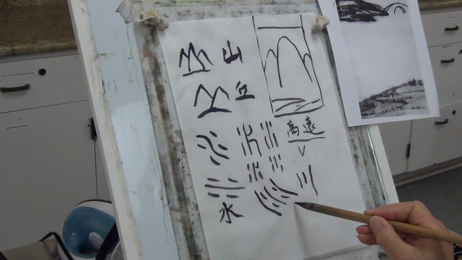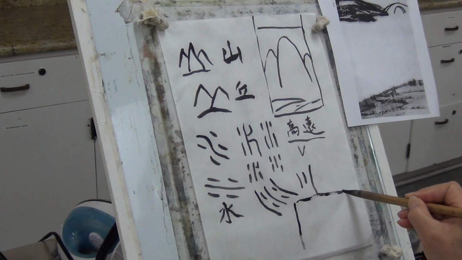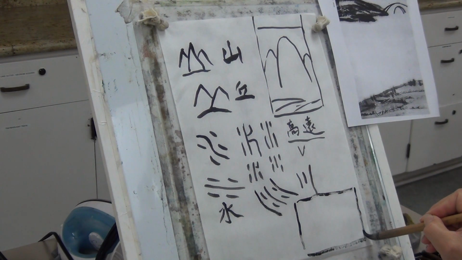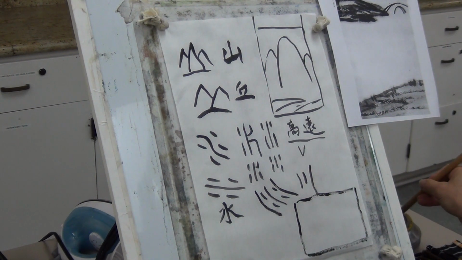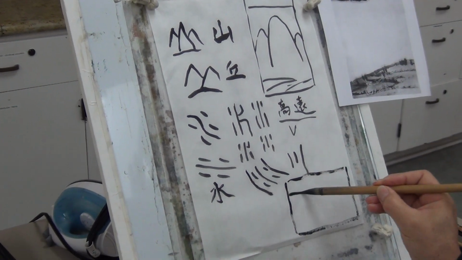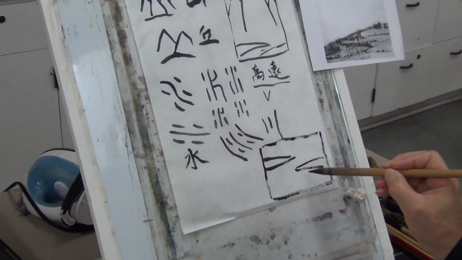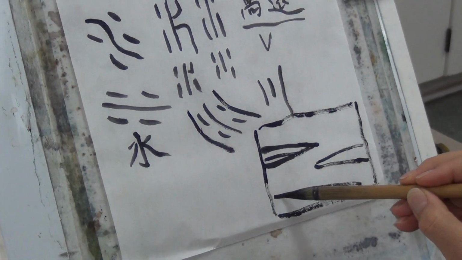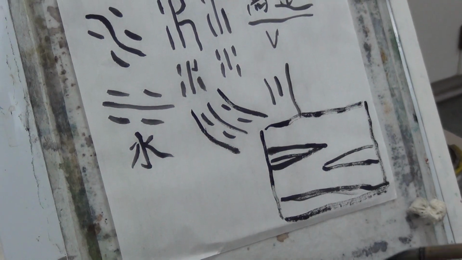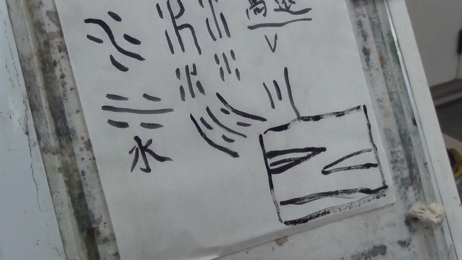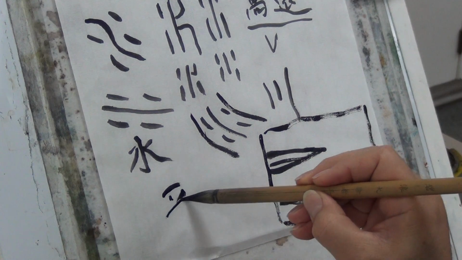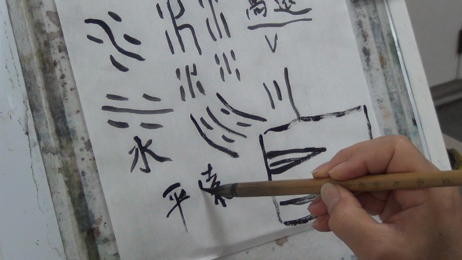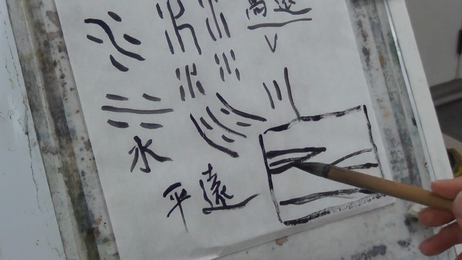So if you have mostly the river elements, it's usually horizontal. It could be vertical though. And the elements go like that, right? So this is a leveled perspective. 平原. 平原 means leveled or flat.